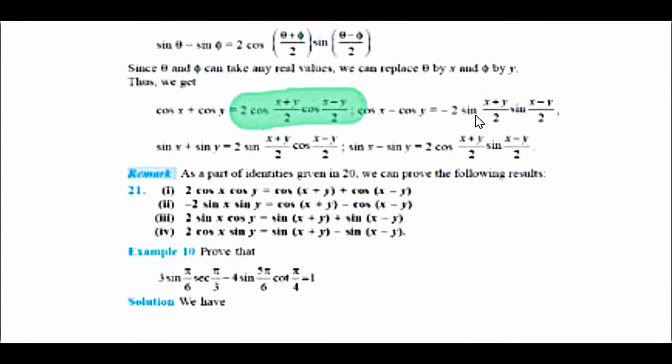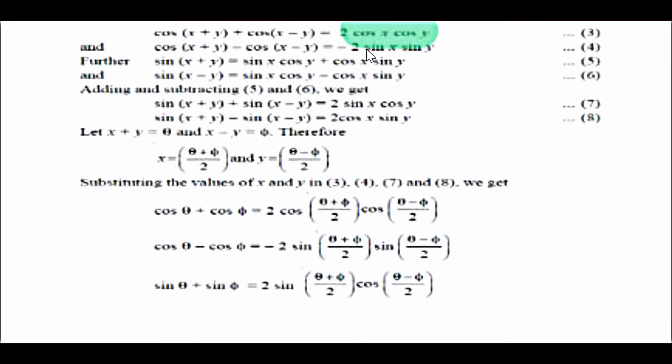Cos x minus cos y will become minus 2 sin x plus y by 2 sin x minus y by 2. Sin x plus sin y will become 2 sin x plus y by 2 cos x minus y by 2. And sin x minus sin y will become 2 cos x plus y by 2 sin x minus y by 2. Okay.